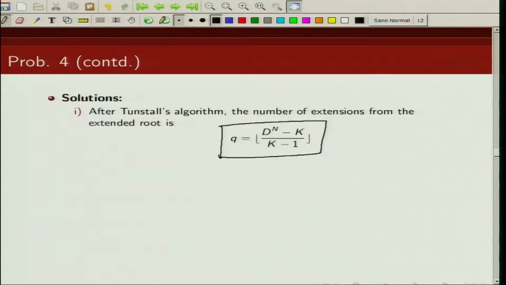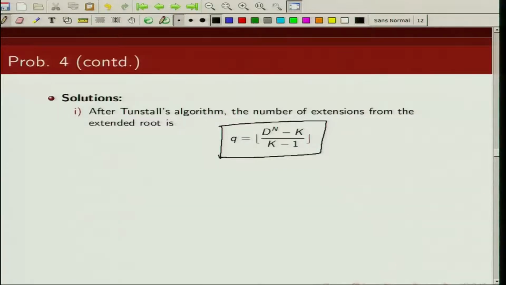It's floor of D raised to power n minus k divided by k minus 1, because when we are extending a leaf, we are creating from the extended root k new leaves, but one leaf becomes a node now. So each time we are actually adding k minus 1 new leaves. So the number of extensions that we would require to create a Tunstall message set is q, which is given by this expression.